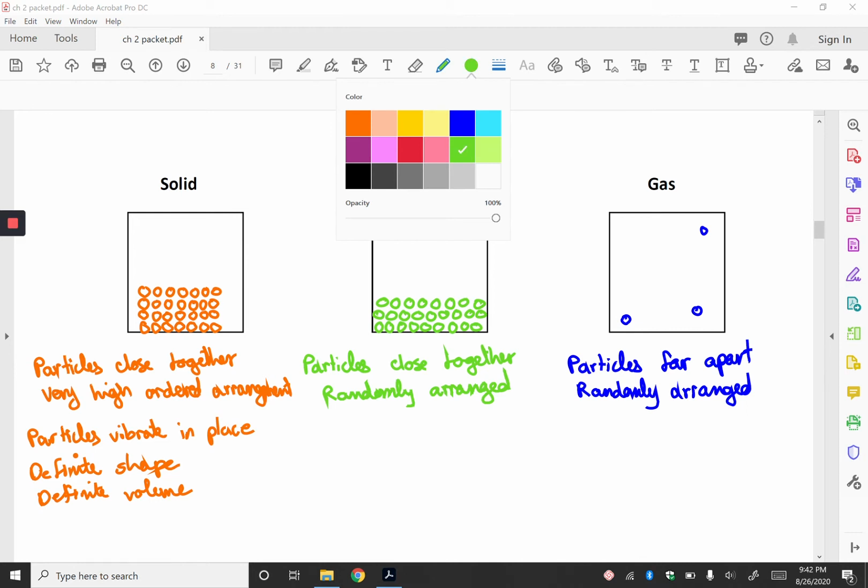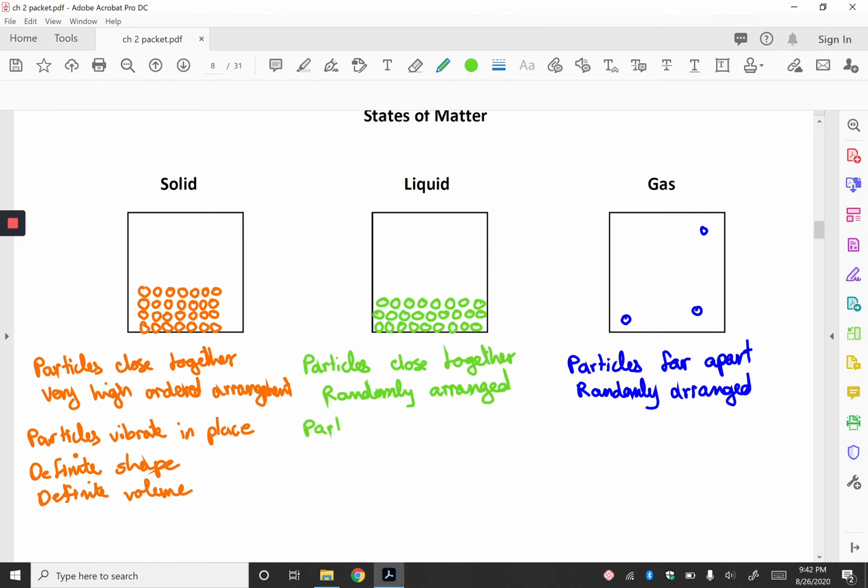So now let's look at liquids. So liquids are able to slide around each other. So particles slide past each other. So in the analogy where you guys are particles, it would be like, let's say we have a dance party.